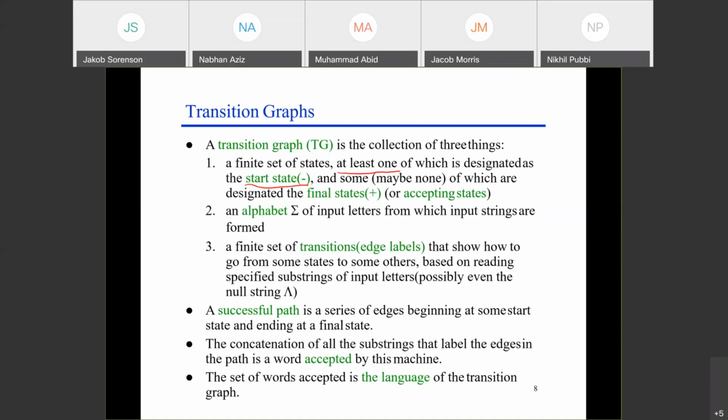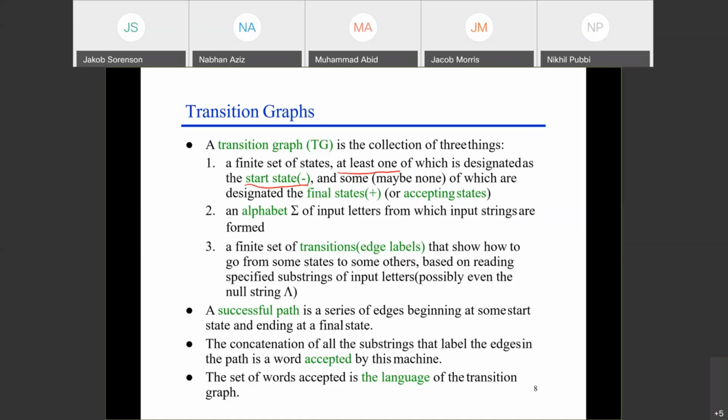In TG, it says at least one. So FA will have only one start state, while TG may have one or more than one start states. It has no problem. A TG will be valid if it has more than one start state. This is a difference between FA and TG.